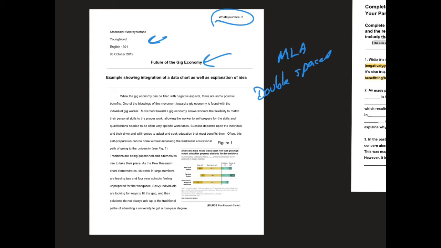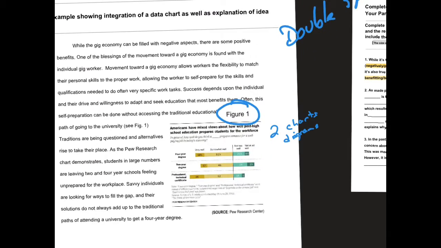Now, 2 features that I'm adding into this assignment are, number 1, I want you to include 2 charts or graphs or diagrams, okay, into this paper, all right? And the way we do that is by, in the course of our text, okay, let me make this a little bigger for you, all right?